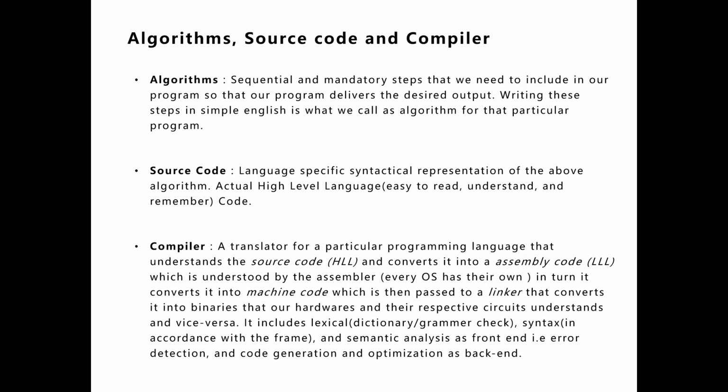During the planning and thinking process, we break the program we have to write into much simpler steps, and we write those steps in pure English somewhere, and that is known as the algorithm for that program. It will help us write the program.